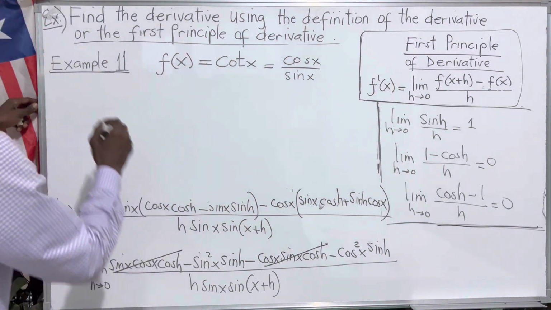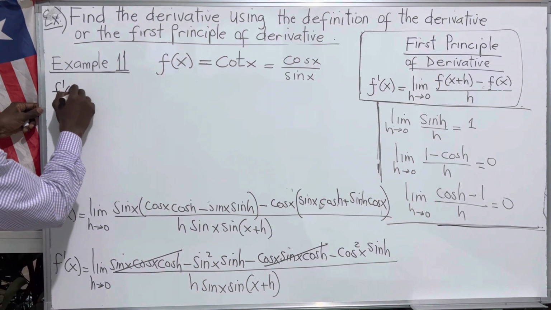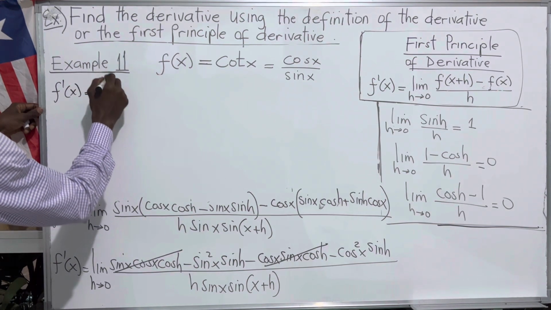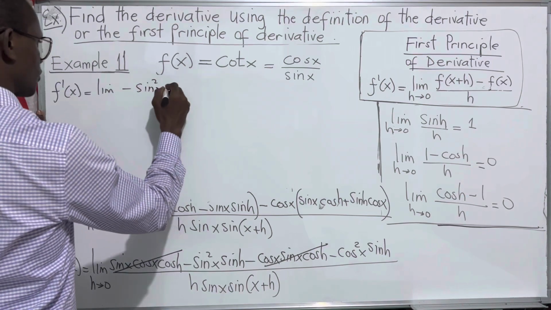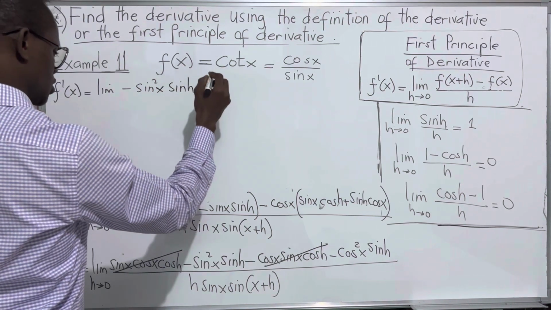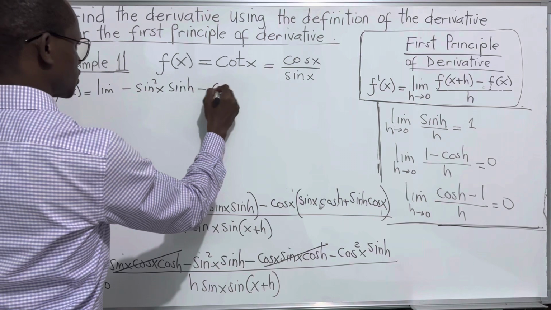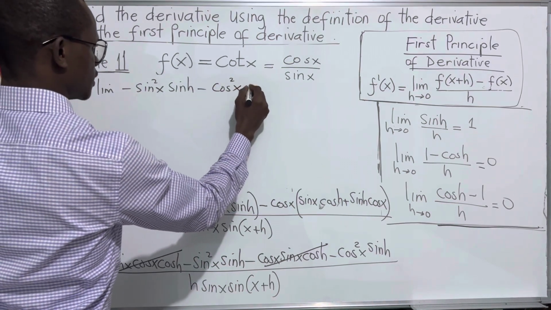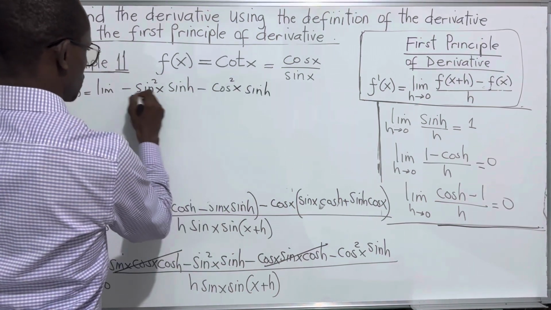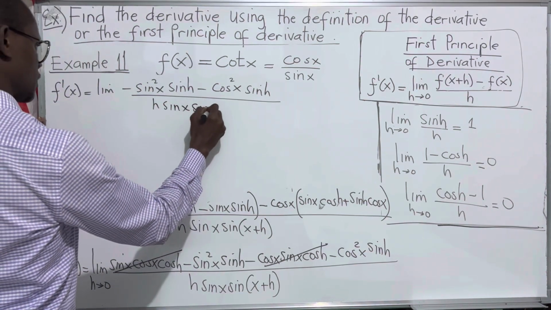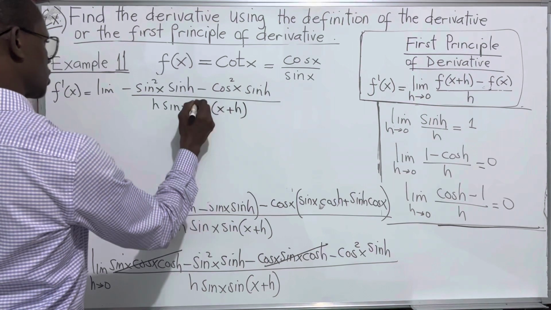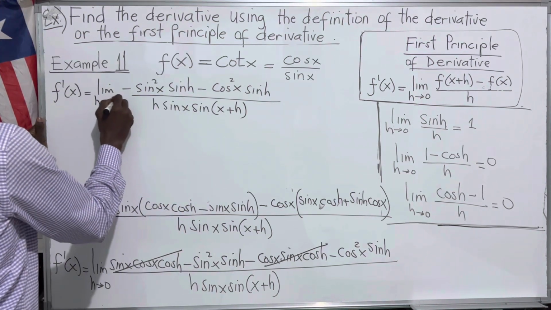So we have f prime of x equal to the limit of negative sine square x sine h minus cos square x sine of h, all over h sine of x plus h, as h approaches 0.